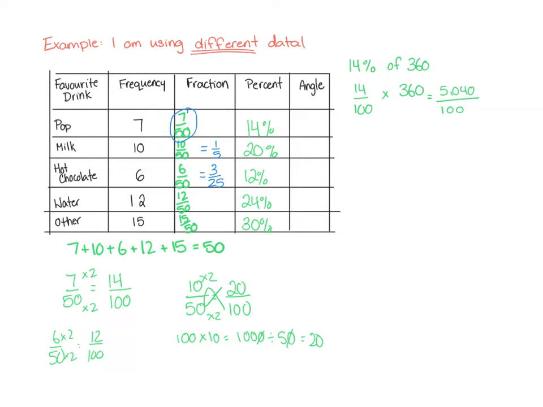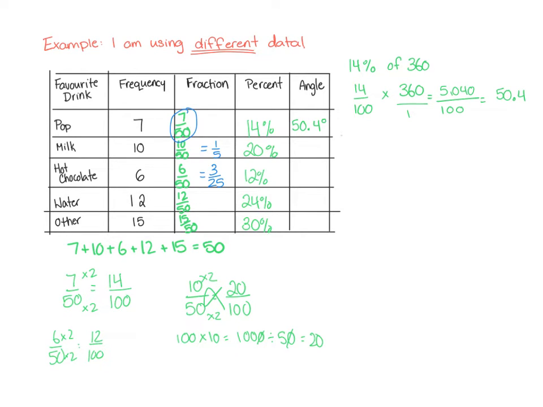It's not times 0, it's just we have an invisible 1 here. And then when you simplify this, so you divide 5,040 by 100, you get 50.4. So this would be our angle for pop.